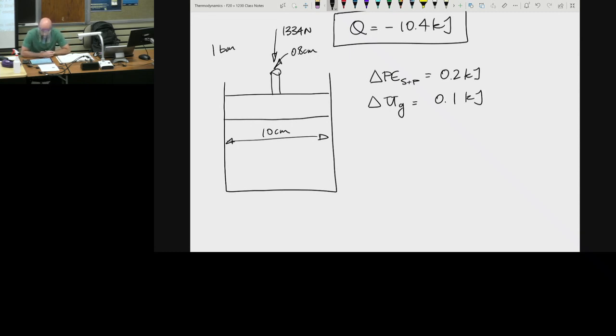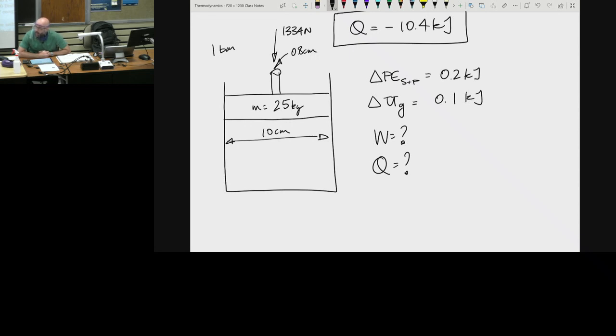What we want to figure out is the work being done and the heat transfer. We want to know these two things. They also tell us the mass is equal to 25 kilograms.